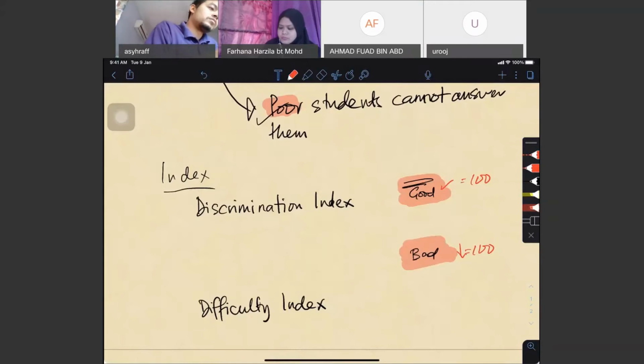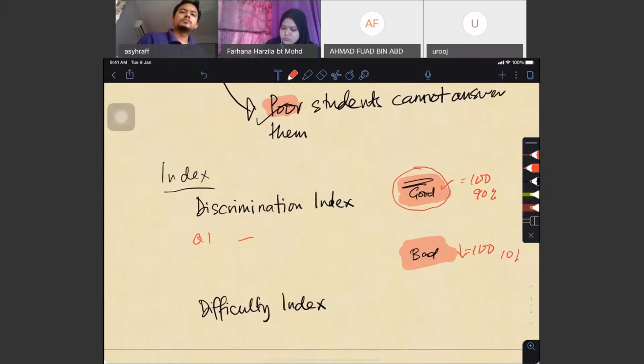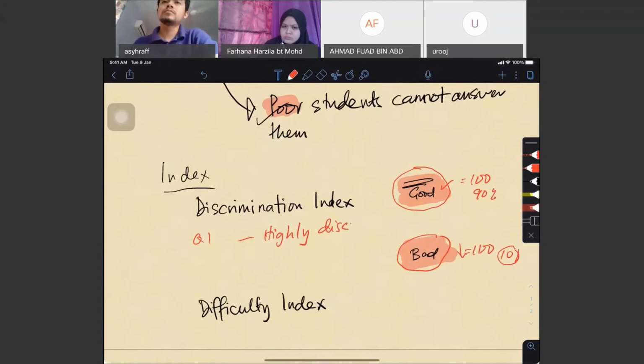You ask question one. 90% of students from the good group were able to answer it, whereas only 10% from the other group were able to. So we say that this question is highly discriminating. The good ones know the answer, and the bad ones do not know the answer.